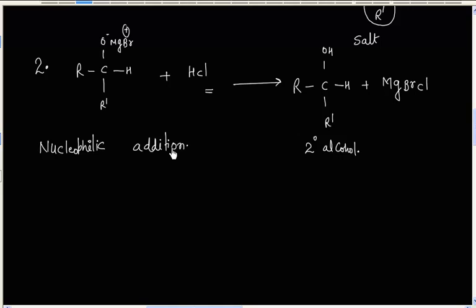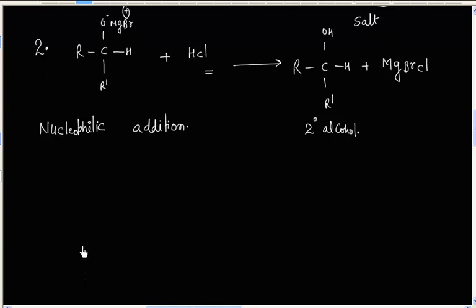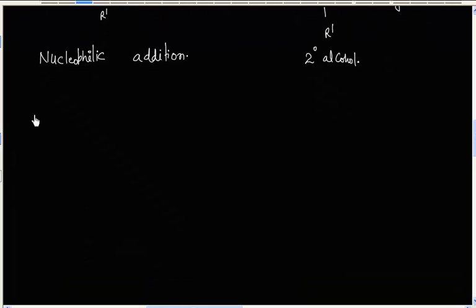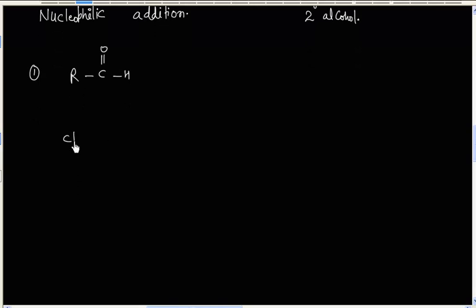Now we know the general mechanism for reaction of aldehyde with the Grignard reagent. Basically there are two kinds of aldehydes possible. One kind of aldehyde is RCHO. For example, if I have CH3CHO and it reacts with, let us say, PhMgBr, in the first step Ph minus will attack this carbon, this opens up, and we will have a salt.